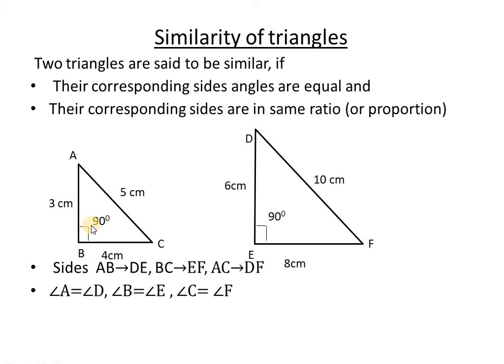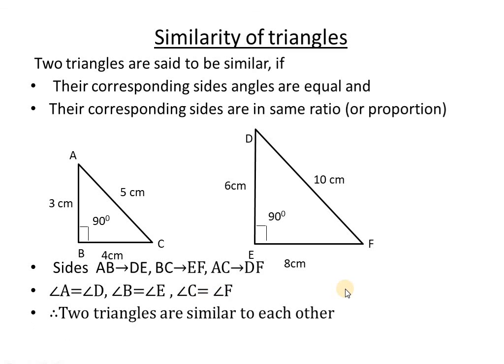Similarly, angle B is equal to angle E, which is 90 degrees, and angle C is equal to angle F.